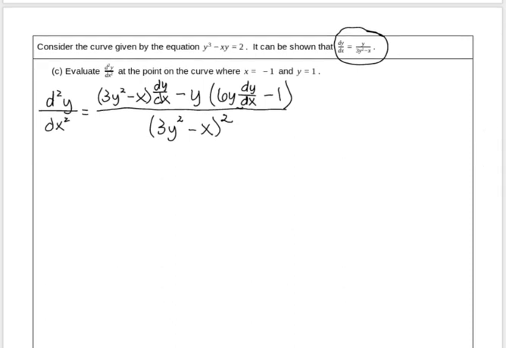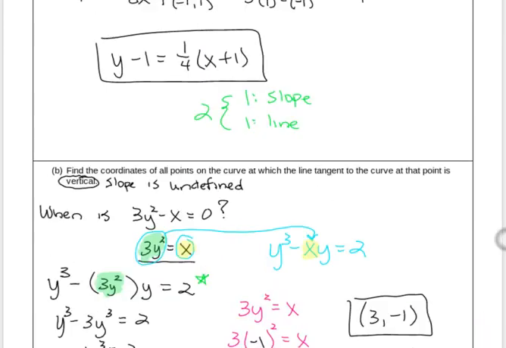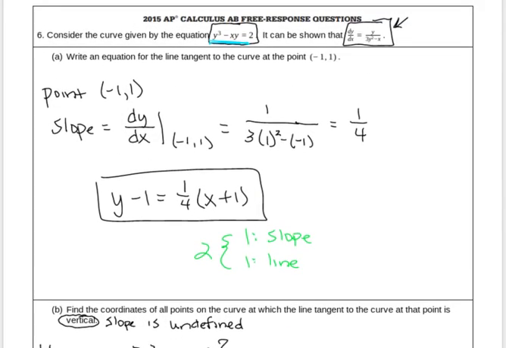So this is our second derivative, all right? Now you'll notice that this second derivative has this dy dx in here, and it actually has it twice. So what we're going to need to do is substitute in our stuff here. So let's do that. Now we have to remember that in part A, we found the slope at -1, 1. We found it to be 1/4.